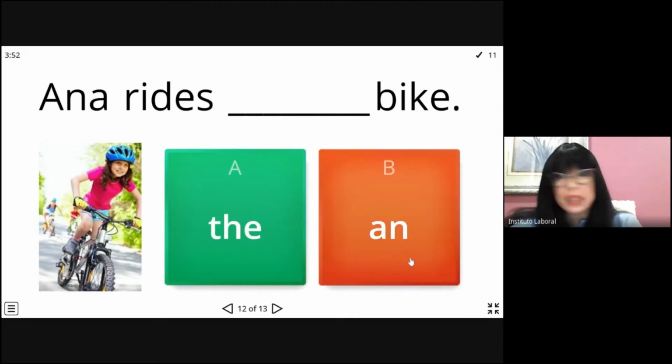Remember, indefinite no está definido qué cosa. Definite es algo específico. Anna rides the bike or Anna rides an bike? Listen.